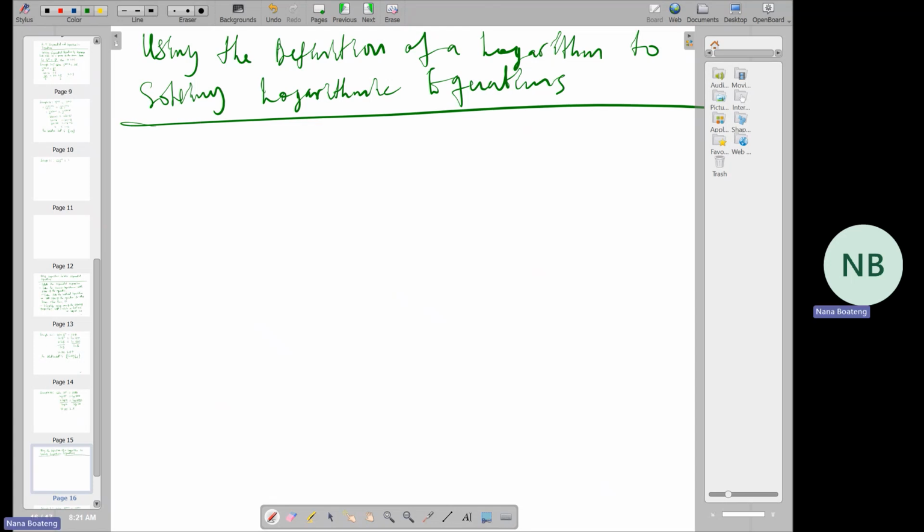So we are going to use the definition of logarithms to solve logarithmic equations.